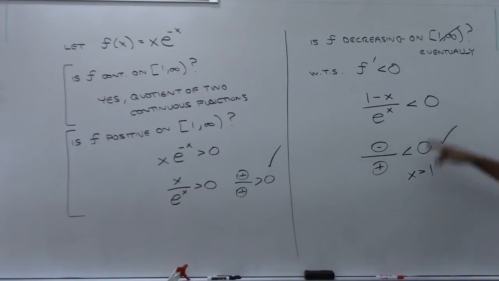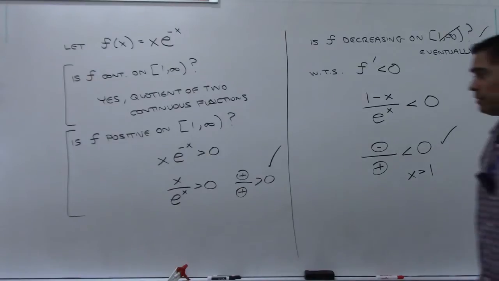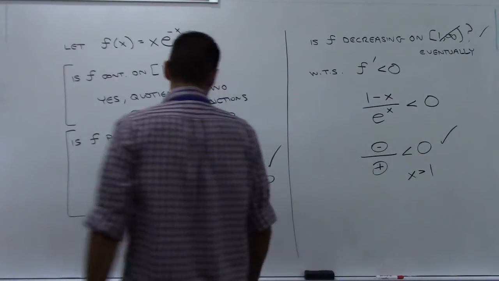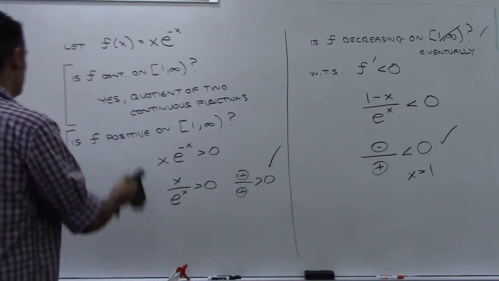But that's good because that's what we wanted. See, at 1, I don't care that it's 0. Bigger than 1, so eventually this inequality is true and it holds the rest of the way. So yes, the answer is yes, we have a decreasing function. So we've got everything we need in order to use the integral test. Now we get to use it.